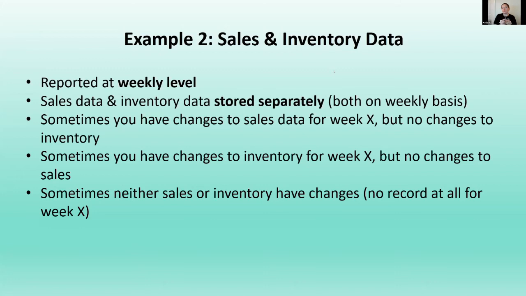For the first two scenarios, from a scaffolding perspective, we need to flag that there was zero activity for the inventory side, and in the next scenario, the sales side. So we have to plug in those zeros, or scaffold in those zeros. Where the scaffolding really comes in is the last scenario, when we have neither change, because those weeks where there was nothing happening need to be inserted into the data set.